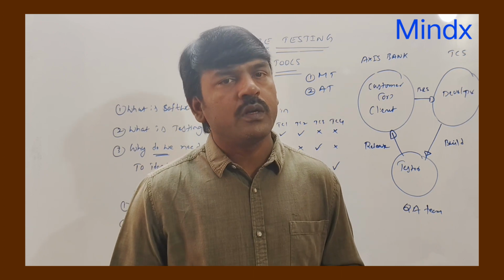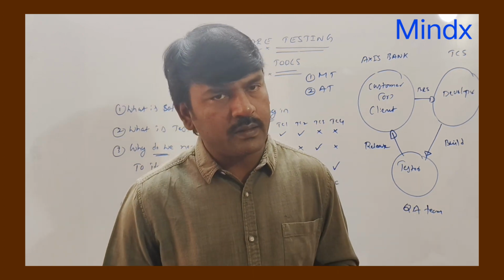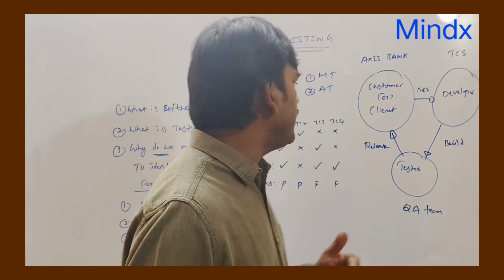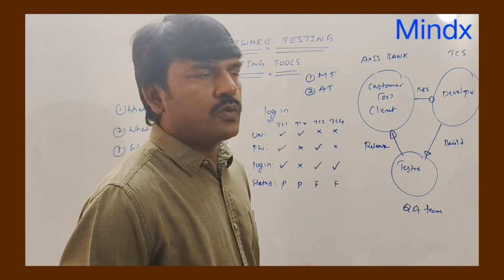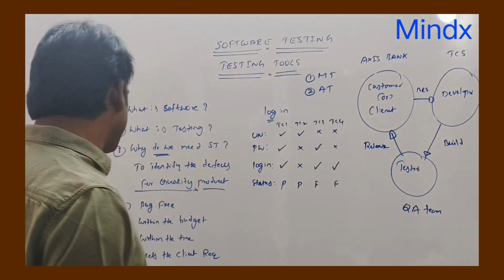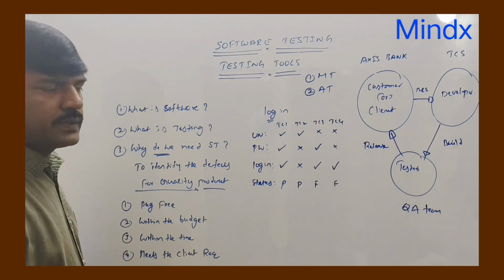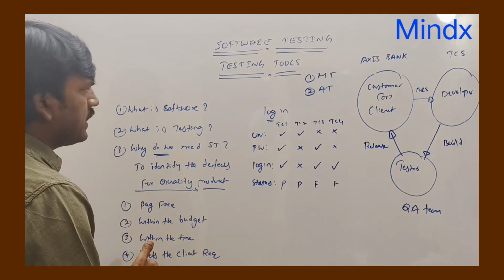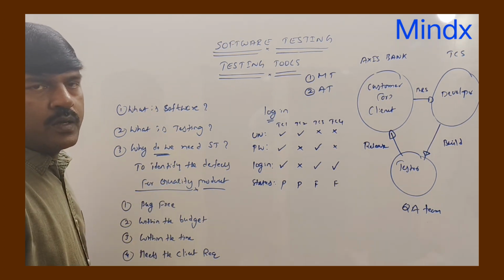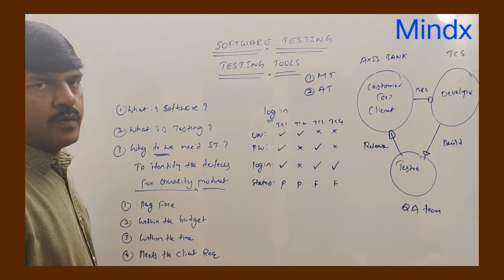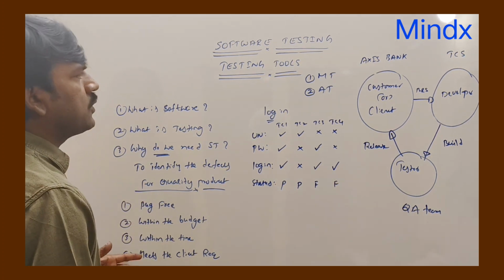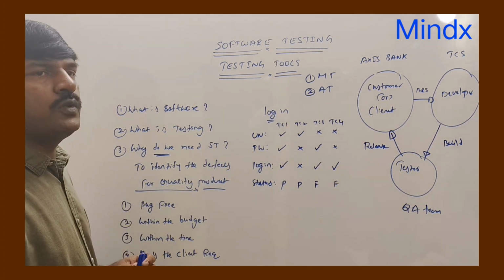How is it possible? That's called maintenance. ఆ మెయింటెనెన్స్ ఉండే విధంగా డెవలపర్ అయితే అప్లికేషన్ డెవలప్ చేయాలి. So these are called quality parameters. If it has quality parameters, then it is good software. So for this quality purpose, we are going to test.